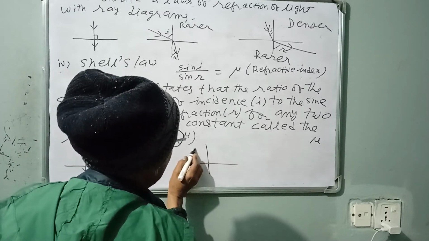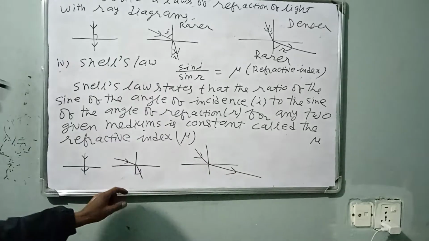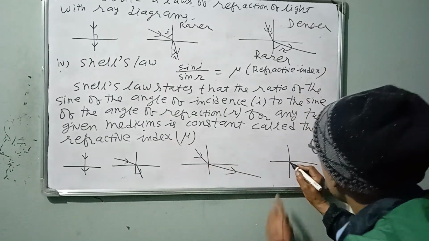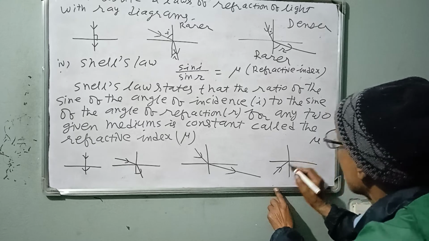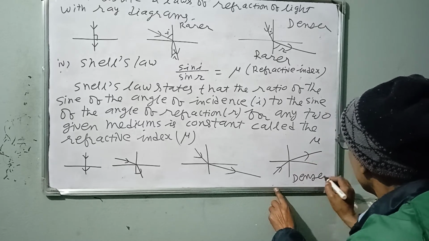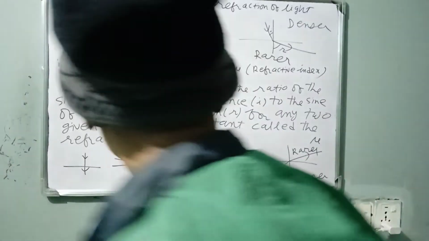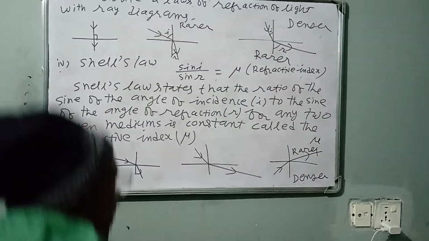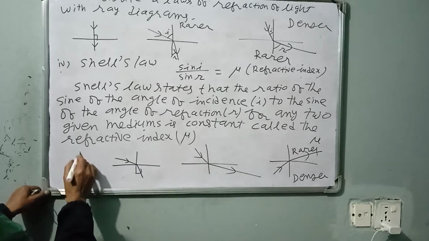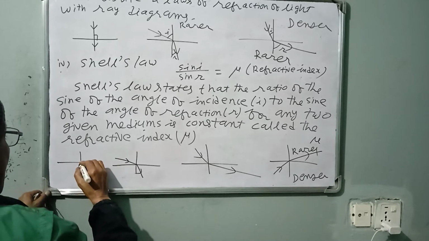Another, denser medium to a rarer medium. Now from here denser to rarer, denser medium to rarer medium, and from here again denser to rarer, rarer to denser.